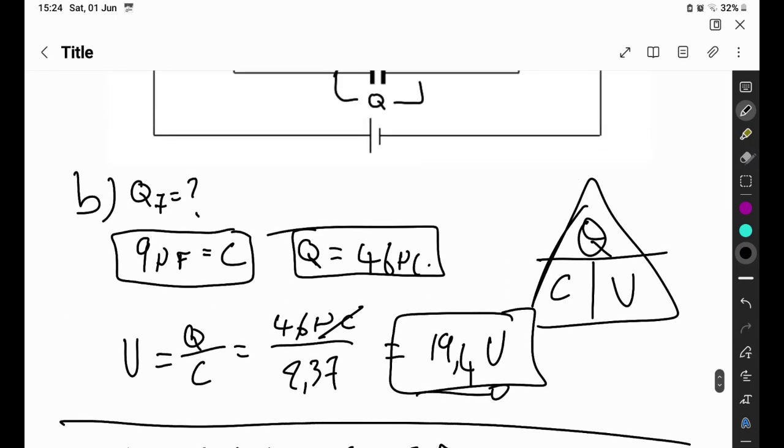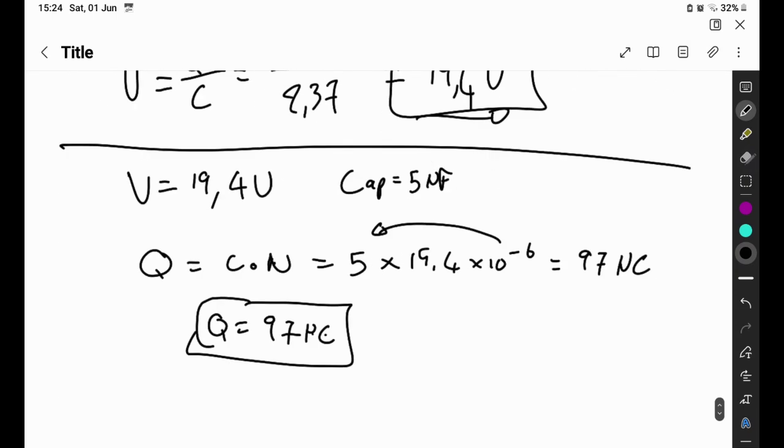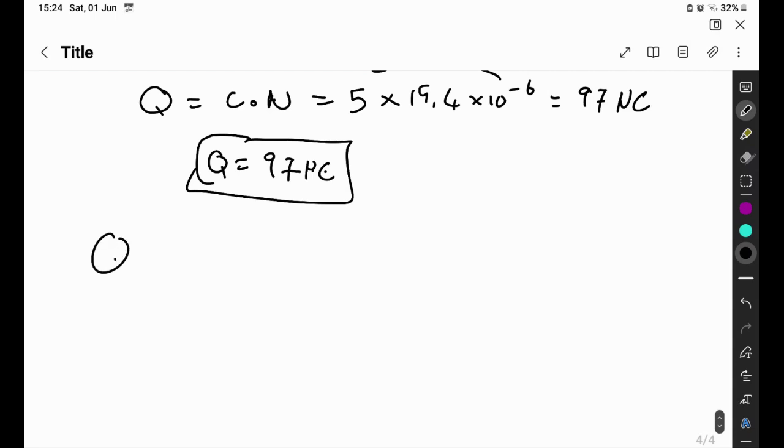So now they want us to find the charge on 7. So the charge on 7 is going to equal the charge plus the charge. So we're going to add the two charges.